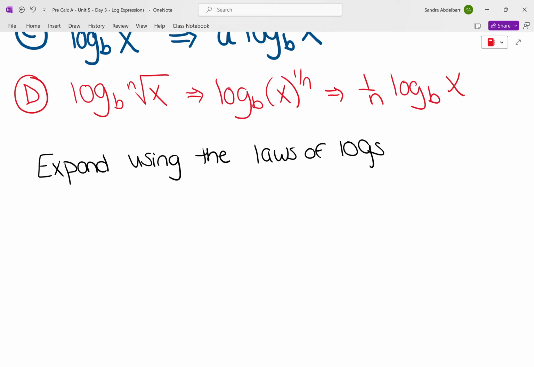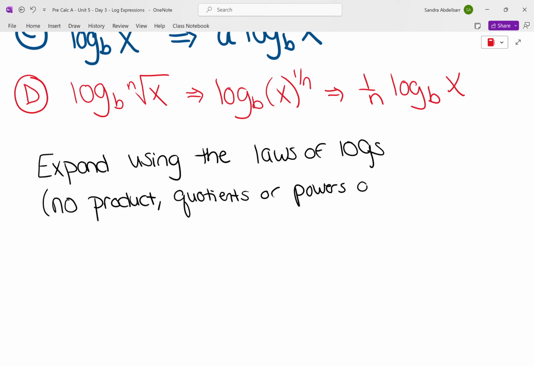And when I say expand using the laws of logs, that means I do not want any products, quotients, or powers as part of the argument.